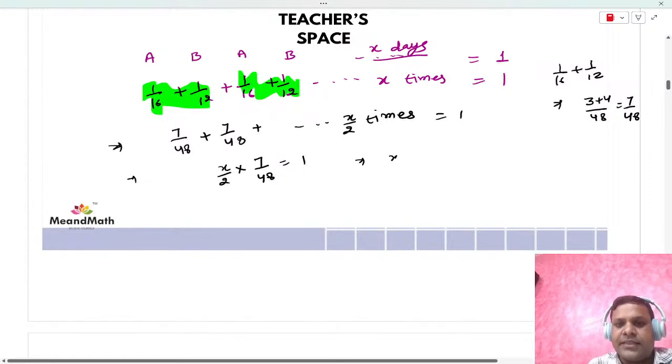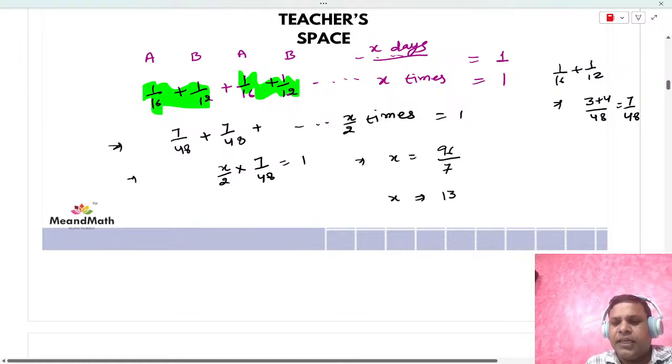So X is equal to 96 upon 7. Convert in mixed fraction, so 13 integer 5 upon 7.